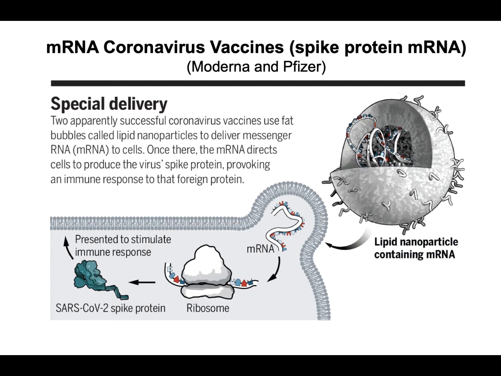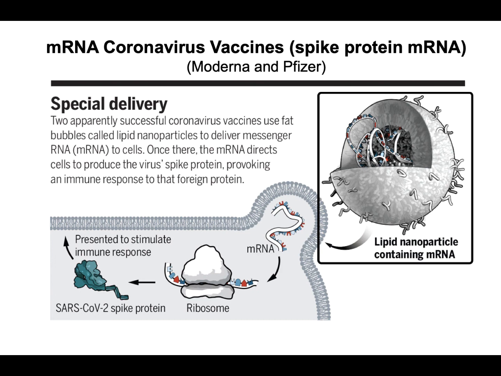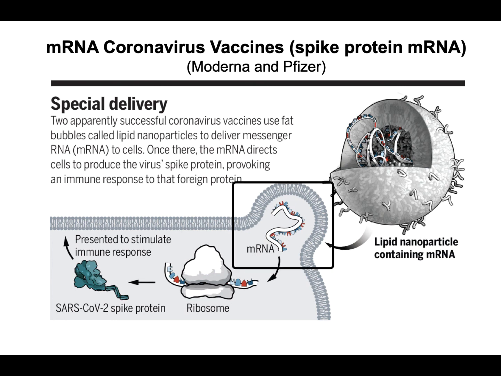Just a few words about the vaccine. So both Pfizer and Moderna developed an mRNA-based vaccine where they have the coding sequence on the mRNA for the spike protein, this SARS-CoV spike protein. That's put into lipid nanoparticles, little lipid balls that will fuse with the host membrane.